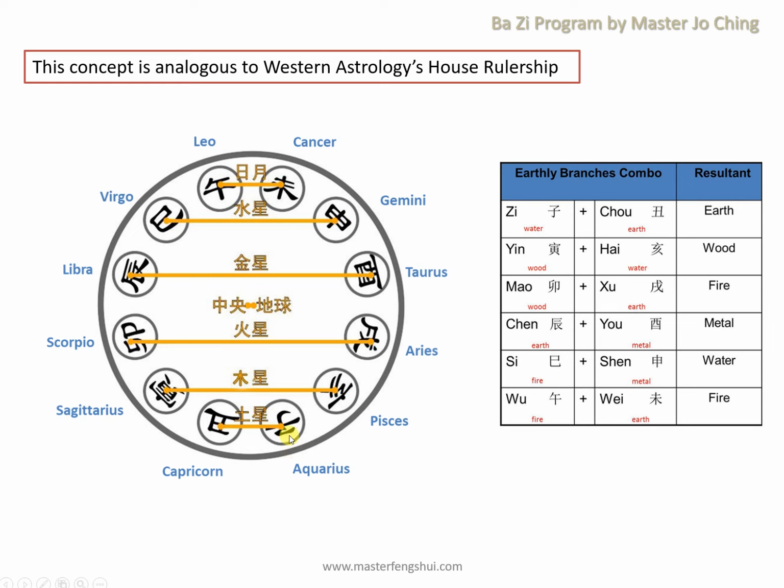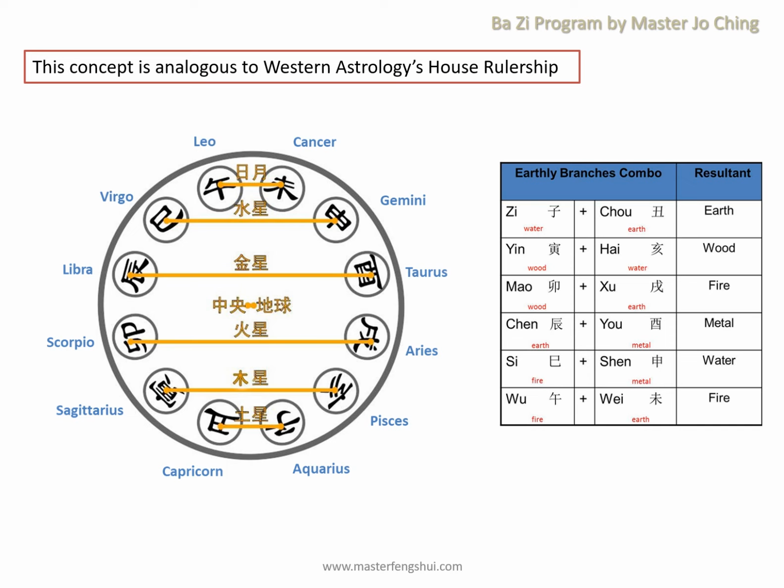For example, 子 is also known as Aquarius, 丑 is Capricorn, 寅 is Sagittarius, 卯 is Scorpio, 辰 is Libra, and so on and so forth. And the rulership theory says this: 子 and 丑, or Aquarius and Capricorn in Western astrology, are actually governed by Saturn.